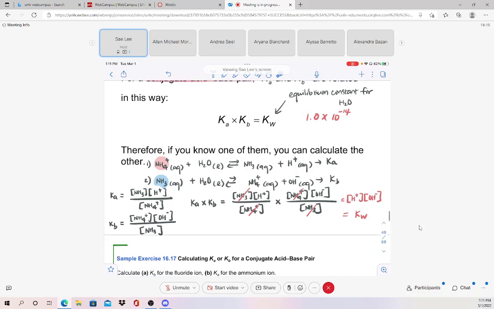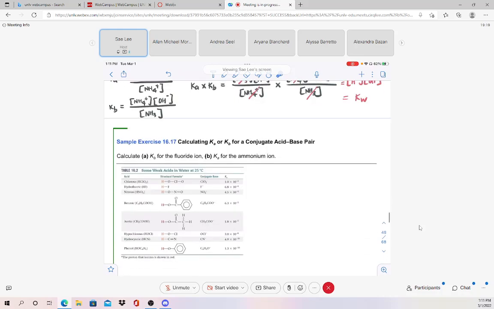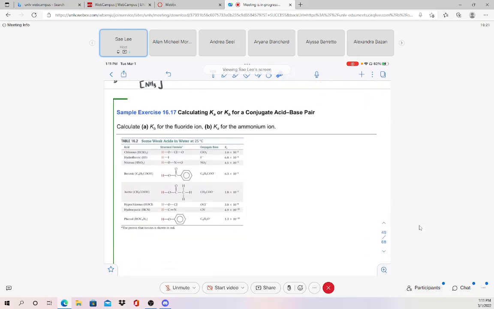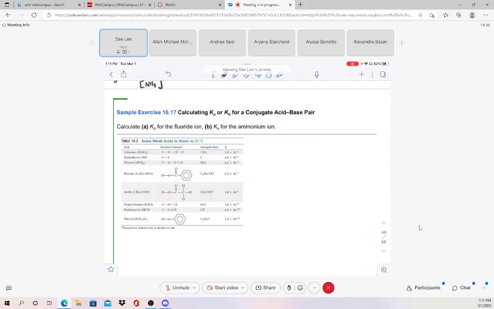Let's try a sample exercise utilizing the equation that we have just learned. Calculate Kb for fluoride ion and Ka for ammonium ion. For question A, we need to find Kb for fluoride ion.